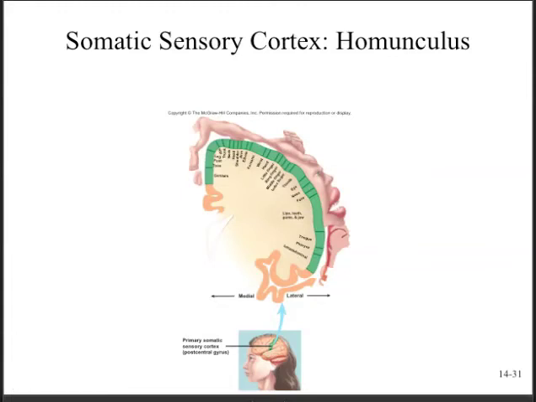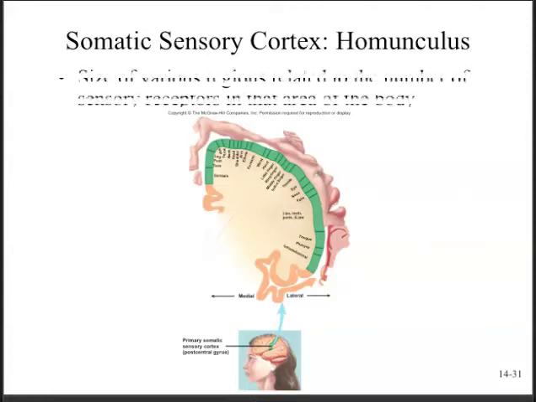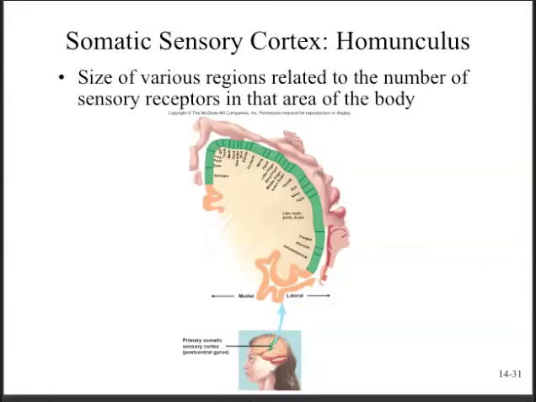Okay, now we pick up where we left off with a discussion of the somatosensory cortex, which is located in the precentral gyrus and essentially represents a surface map of areas of the body that bring information in via the spinal cord and the brainstem to our conscious awareness via the thalamus.